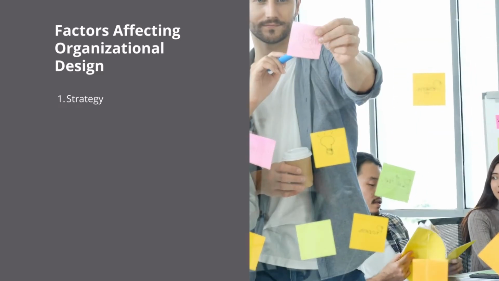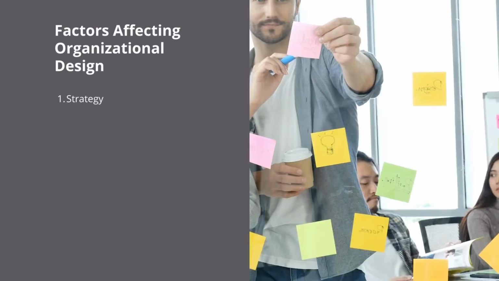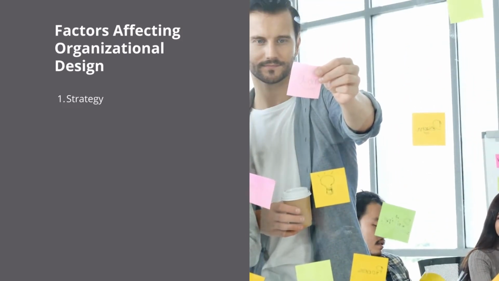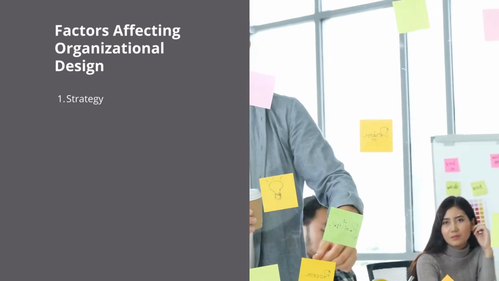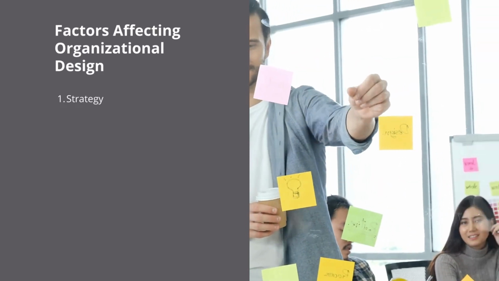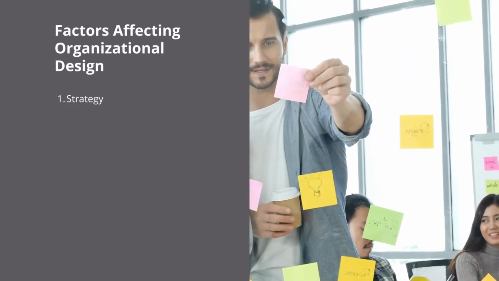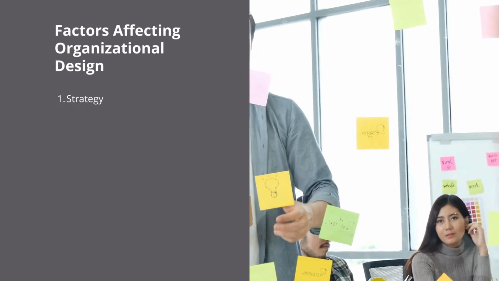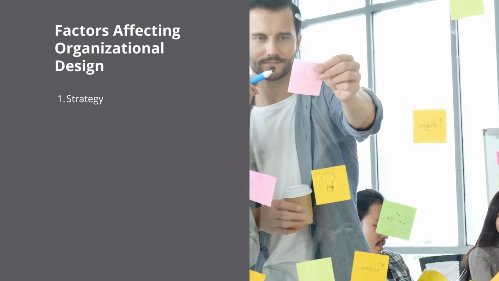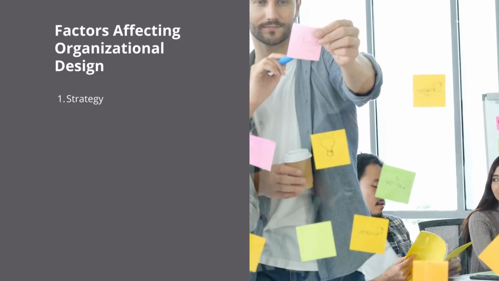Structure inevitably follows strategy because organizational structures are created to implement strategies to achieve goals. Structure must alter as the strategy does. Every strategy aims to achieve the vision, and the organizational structure must help in that endeavor.